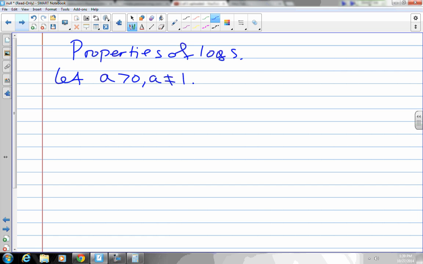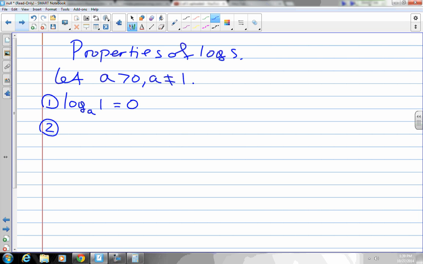Just like with the exponential function, we have the following properties. If I have log base a of 1, that is 0, as we just discussed. To what power do I need to raise a to get 1? The answer is 0. So regardless of the base, that's going to work.